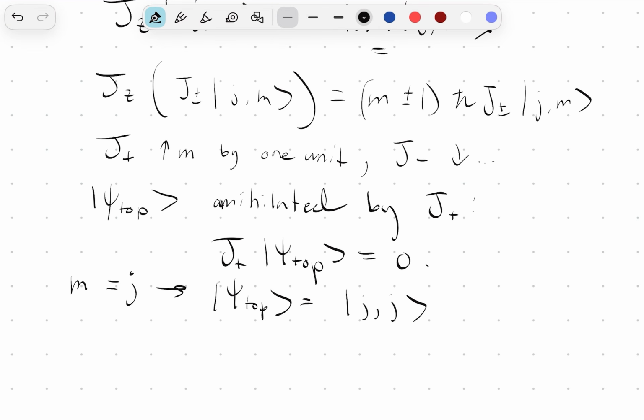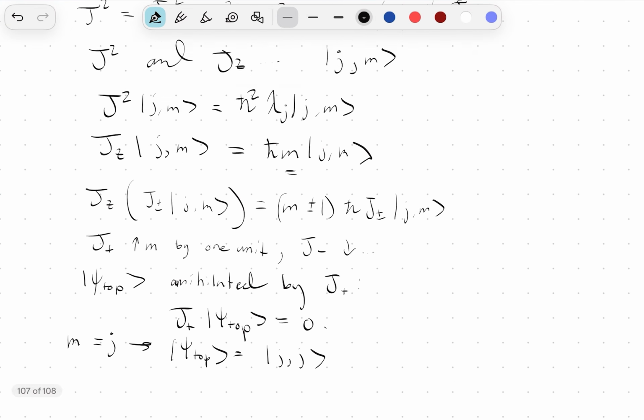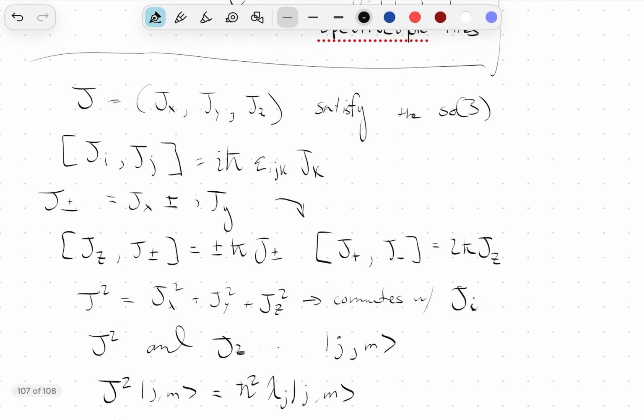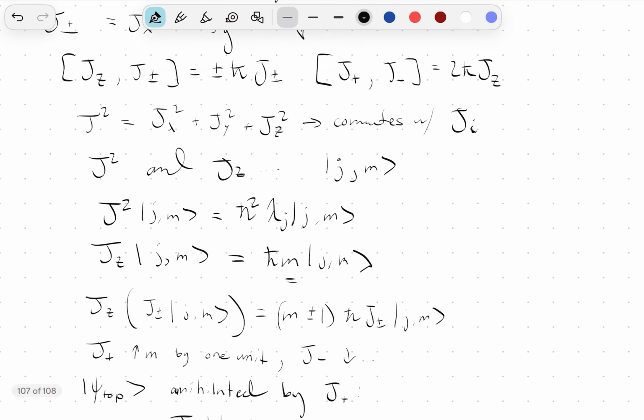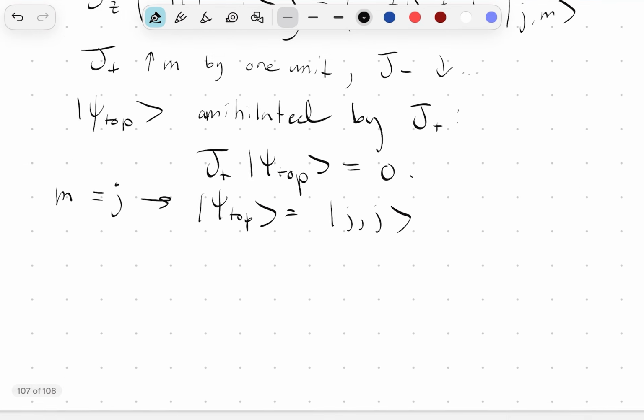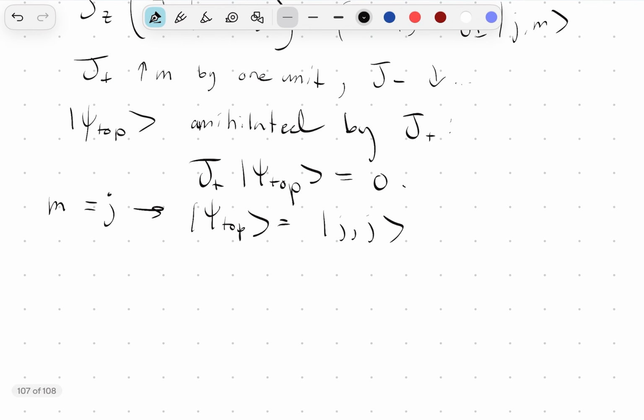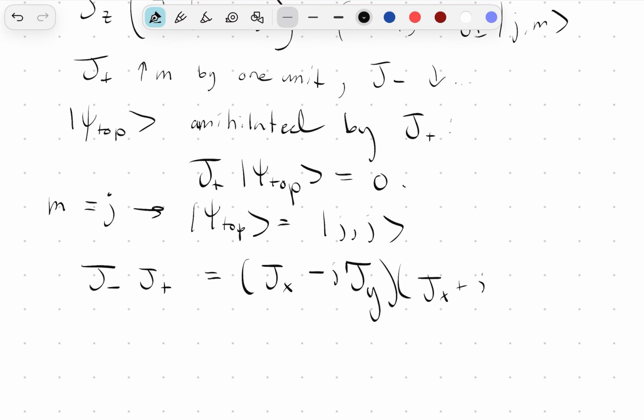Now we can come back to our Casimir operators by thinking about this representation with the raising and lowering operators. We can take J plus and J minus and mix them such that we have Jx minus iJy as products of each other with Jx plus iJy.